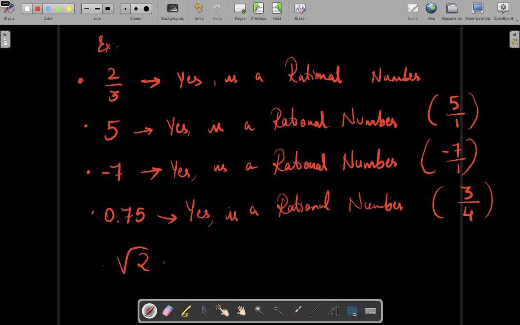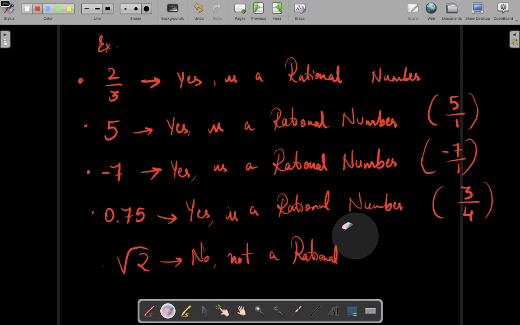Root 2, no, not a rational number. We call this as irrational number. Okay? One small tip.